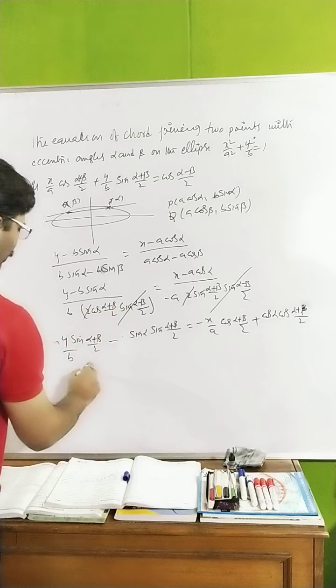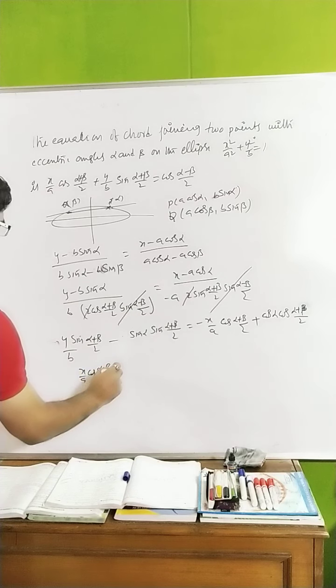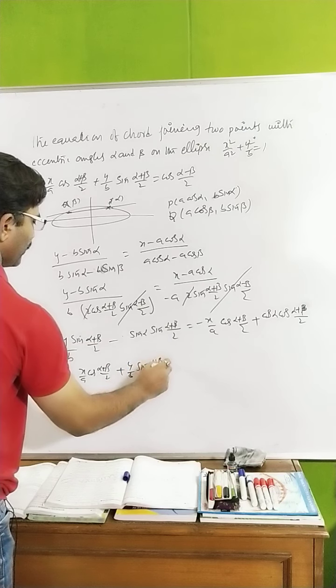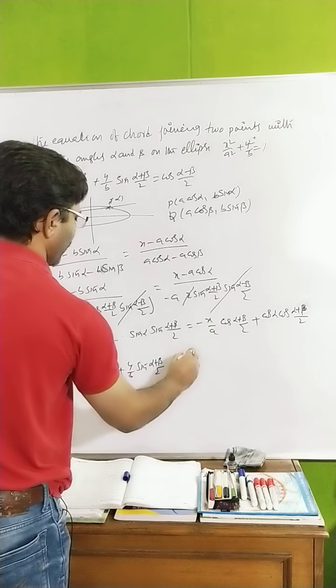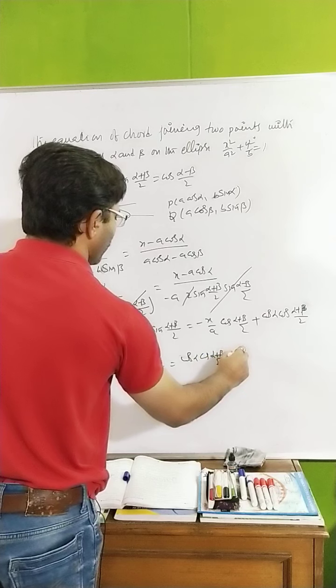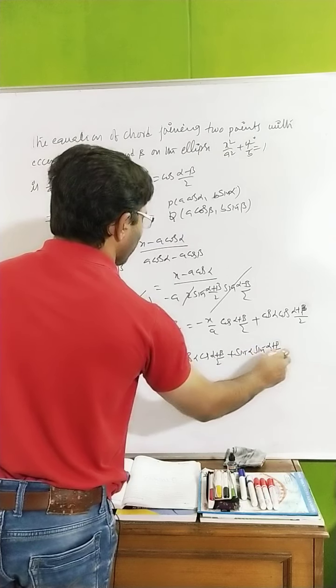If you rearrange, you will get x by a cos alpha plus beta by 2 plus y by b sin alpha plus beta by 2 is equal to, finally, cos alpha plus beta by 2 cos alpha plus sin alpha plus beta by 2 sin alpha.